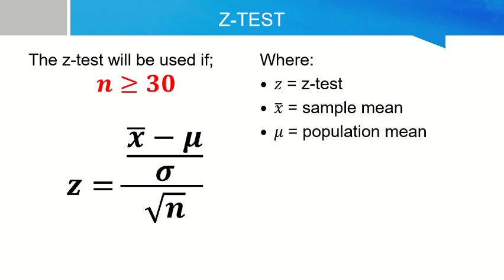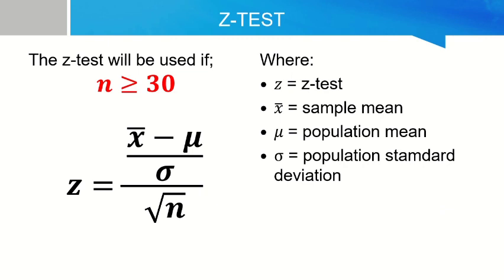Then the Greek letter mu is your population mean. Then another Greek letter, sigma, is your population standard deviation. And your n is your sample size.